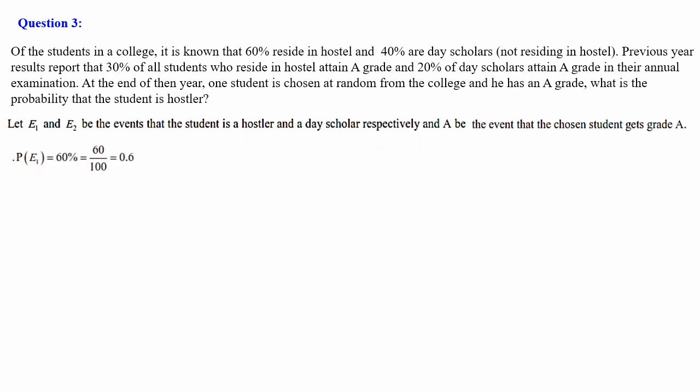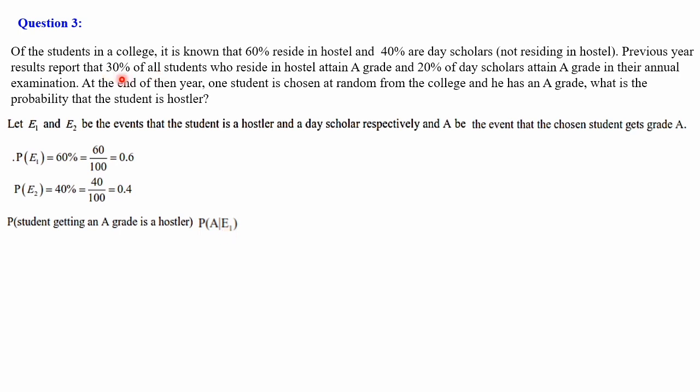Then P of E1, it is given here, 60% reside in hostel. So 60 by 100, that is equal to 0.6. Then P of E2 is 40% day scholars, that is 40 by 100, equal to 0.4. Then next is the probability of a student getting an A grade given that the student is a hosteler, meaning P of A given E1.